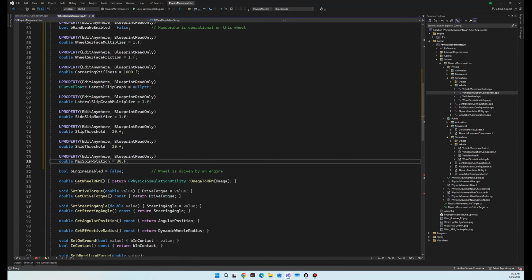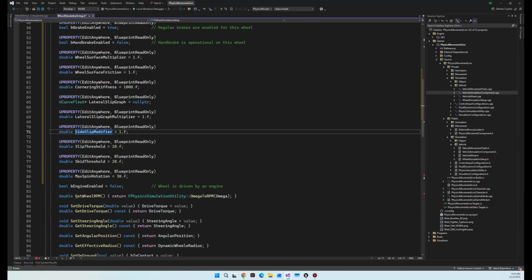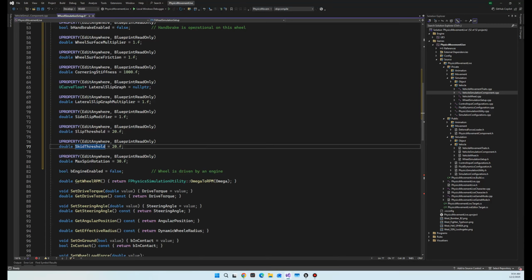So finally, some additional values we can play with. We have a side slip modifier. We also have a slip threshold and a skid threshold. So again, this is more for tires slipping and gripping as they're in contact with the surface.